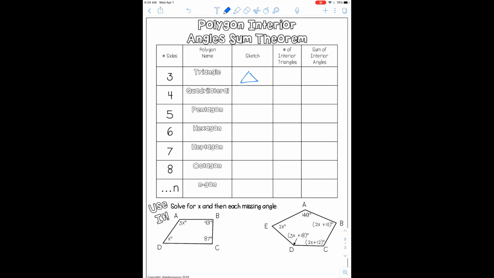It has one triangle inside. So it has 1 times 180 equals 180. We have a quadrilateral.